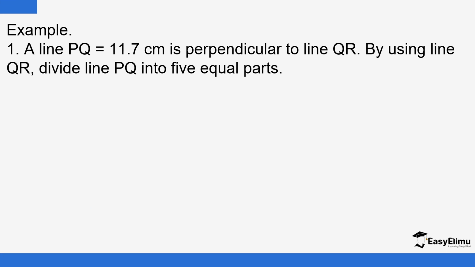So I want to try and see if you can do it here. First you want to draw a line of length 11. So this is P. And then I use P as the center and length is 11.7.